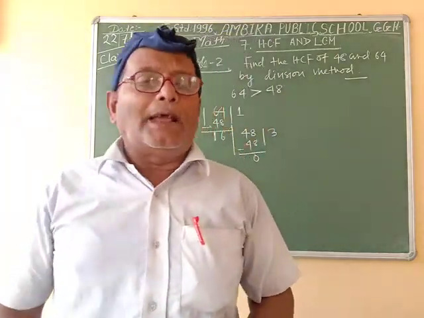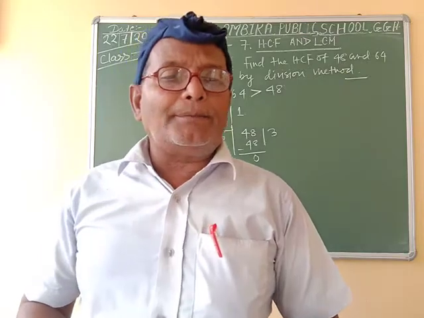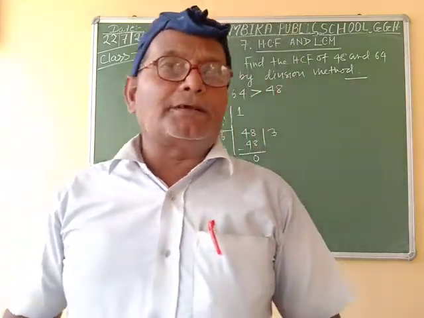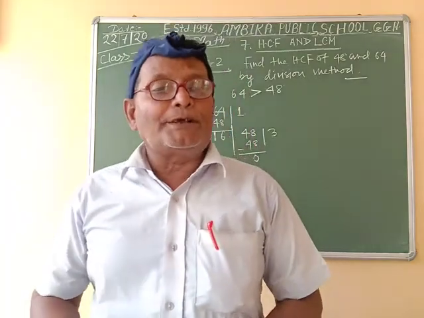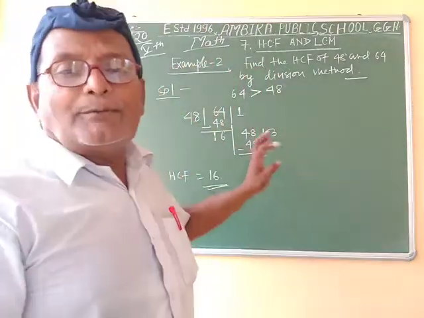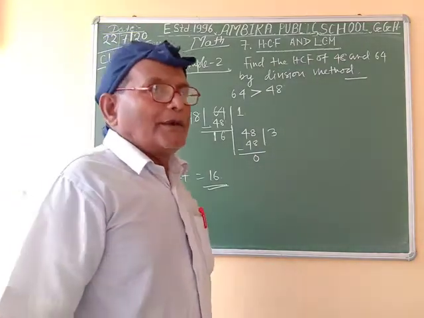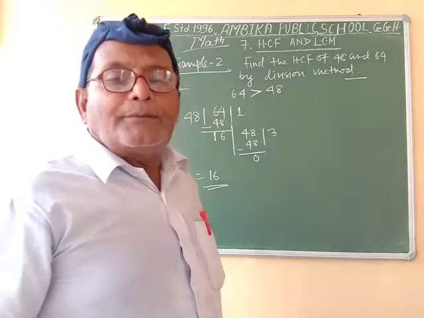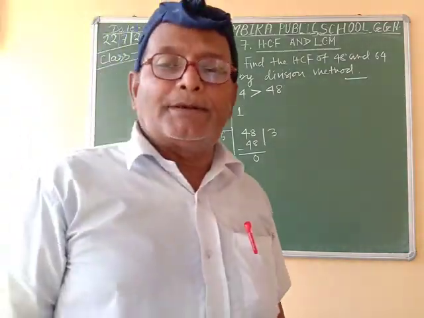Again, I describe to you the working rule for finding the HCF by the continued division method. In the first step, divide the greater number by the smaller number.